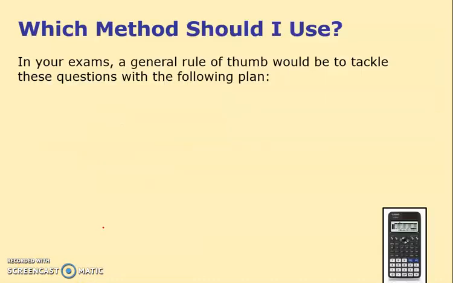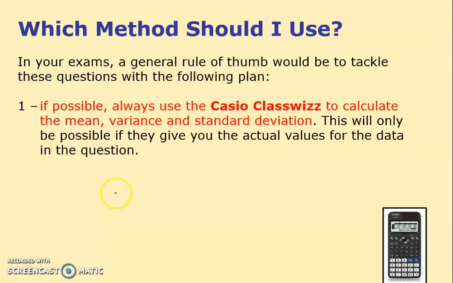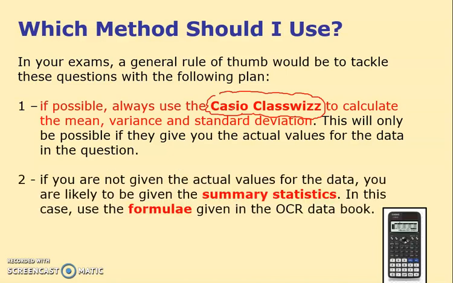So as a general rule, our first plan is always, when we get these questions, if it says find the standard deviation, our first thought is, can I use the calculator? Because I know it will be easier. Now if they tell you the actual numbers, the actual values in the question, then you just type them in. And unless they specifically say use a formula, you should just type them in. But sometimes you're not able to do that.